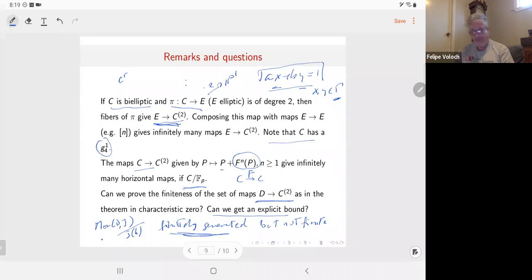And then later, maybe 20 years ago, I proved a theorem in characteristic p, which was like this. But my bound was something like p to the r, where p is the characteristic. So it was worse than the bound in characteristic 0, which was better because it was a constant to the power r. The constant is fixed, independent of everything. And the theorem that I could prove was something like p to the r.